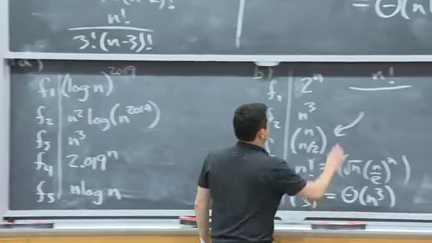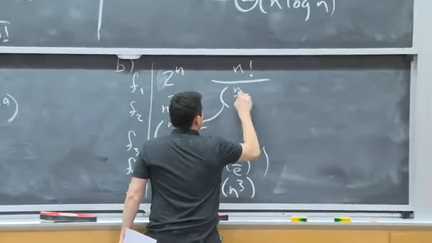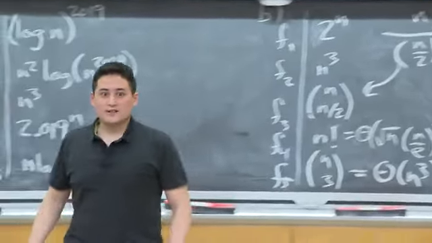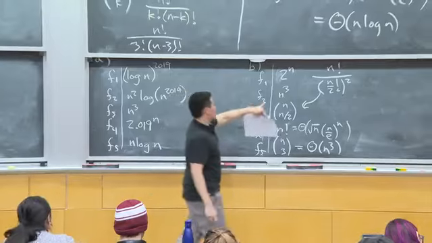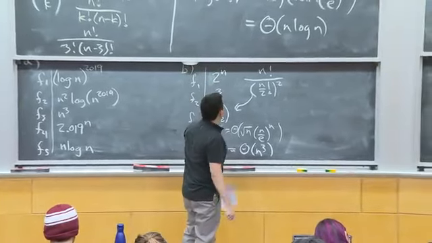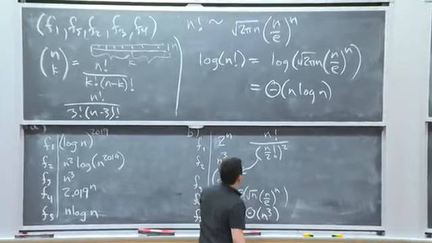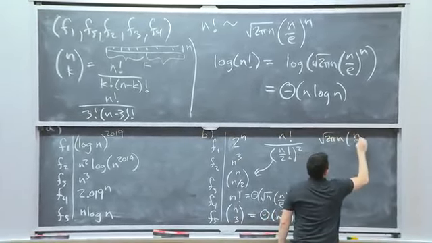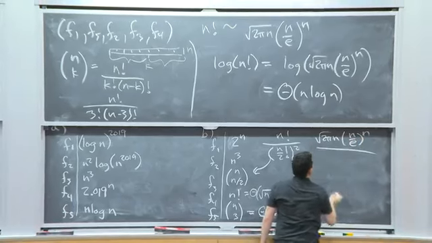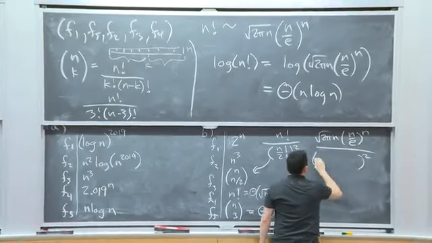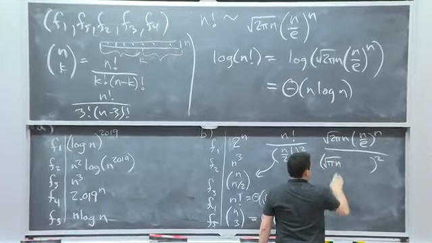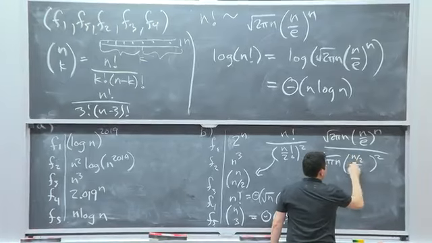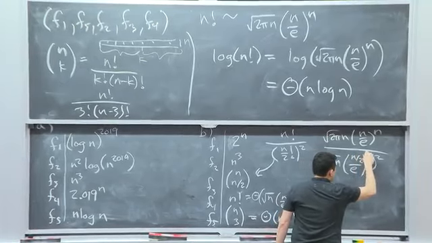So this is going to be n over 2 factorial squared. Is that okay? Yeah? Now let's replace this stuff with Stirling's approximation and see if we can simplify. Okay? So on the top we have square root of 2 pi n times n over e to the n over, and then we've got a square here, pi n, I canceled the 2, n over 2 over e to the n over 2.